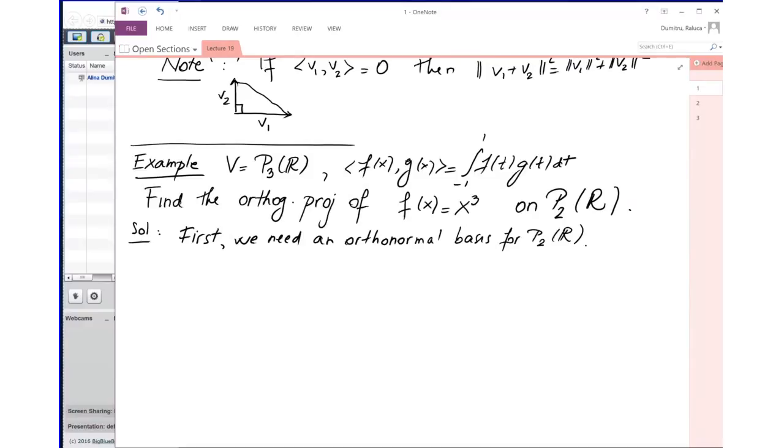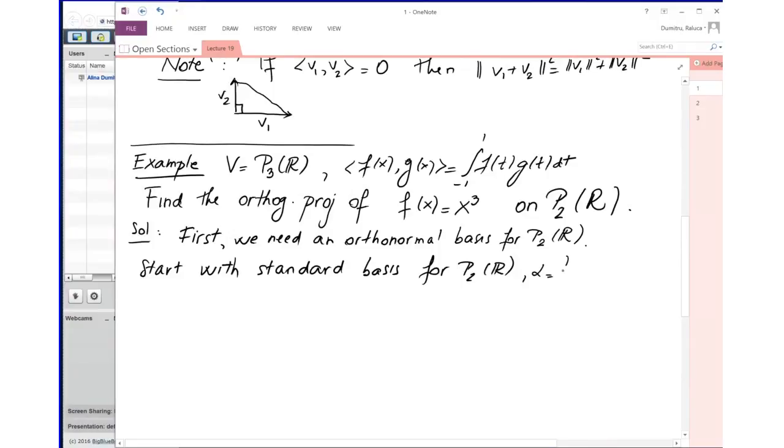So we're going to have to start with a basis for P sub 2 of R. We'll just pick the standard basis, 1, x, x squared, and apply Gram-Schmidt to get an orthogonal basis.